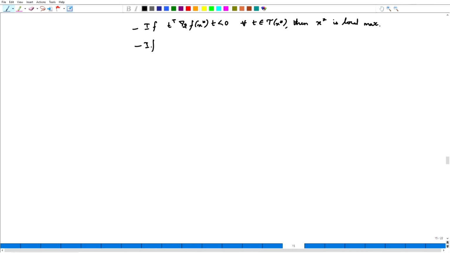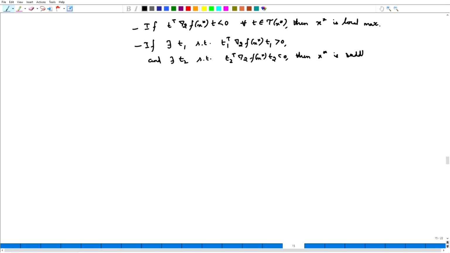If there exists T1 in T of x star such that T1 transpose del 2 f of x star T1 is greater than 0, and there exists T2 in T of x star such that T2 transpose del 2 f of x star T2 is less than 0, then x star is a saddle point.